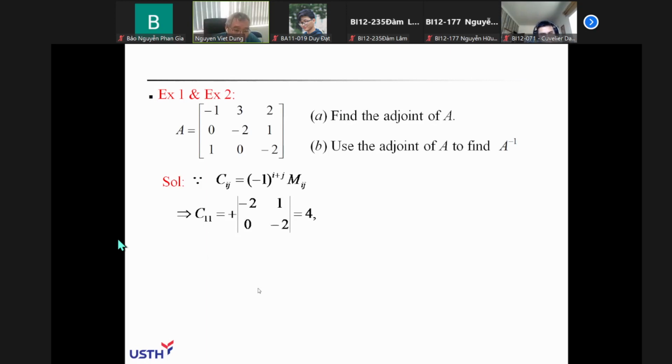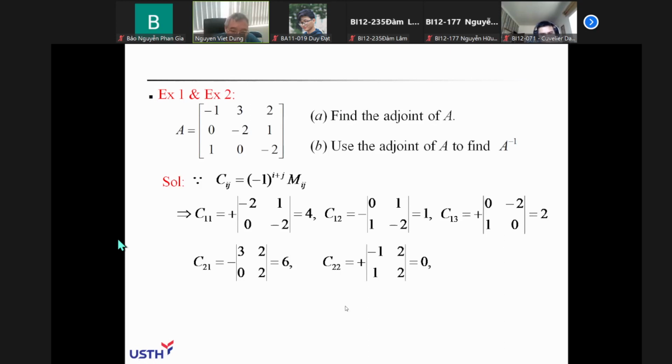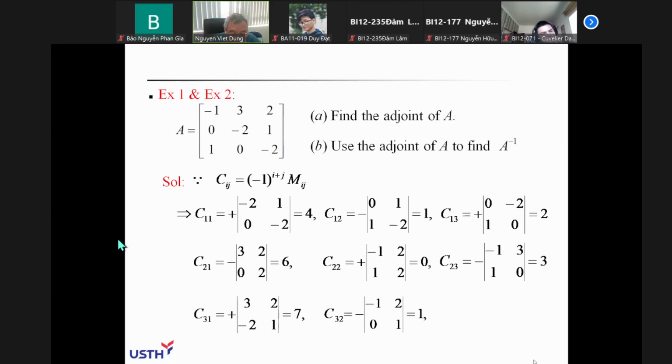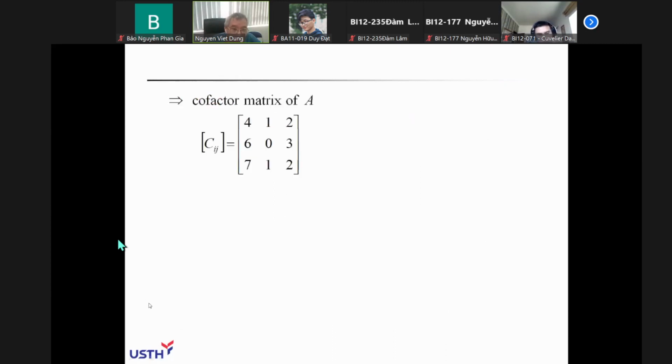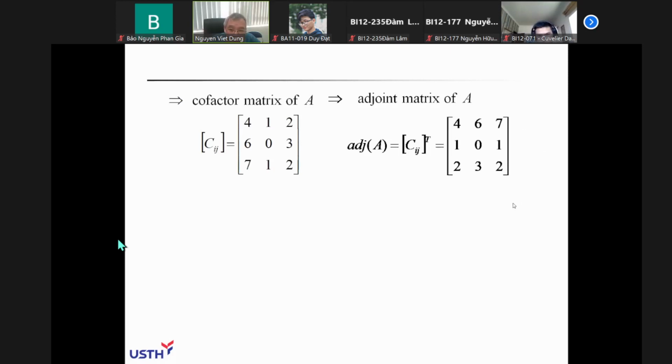You get C11 to be that, and you need to do it 9 times. Now we have 9 entries for the cofactor matrix here. Then the adjoint matrix is that, and the inverse should be like that.